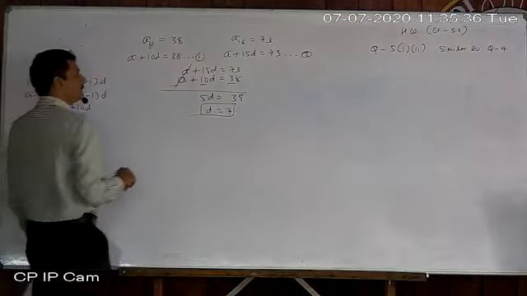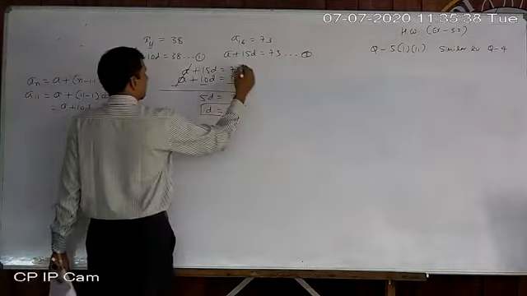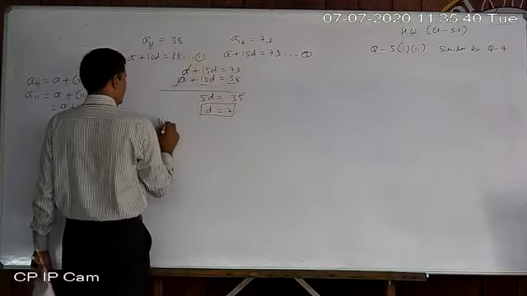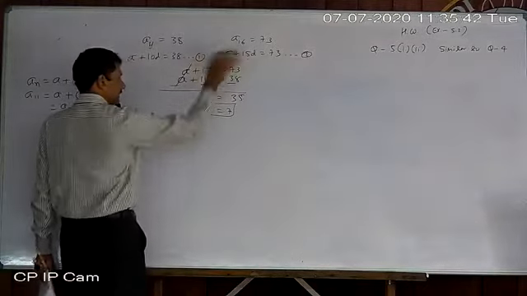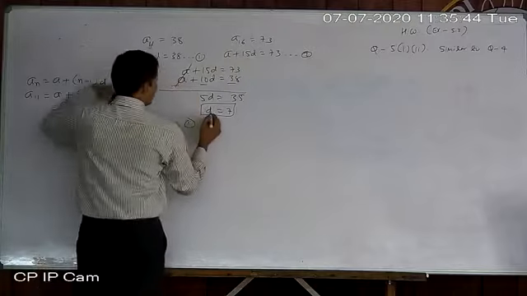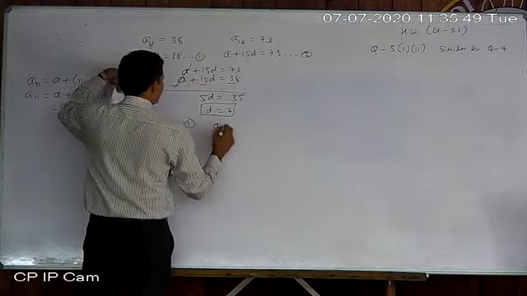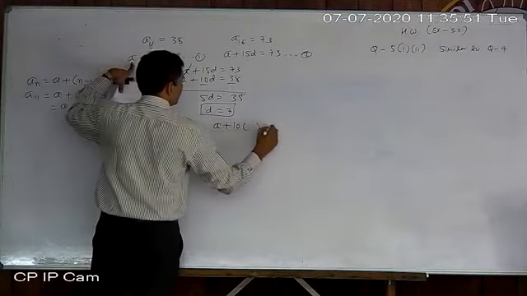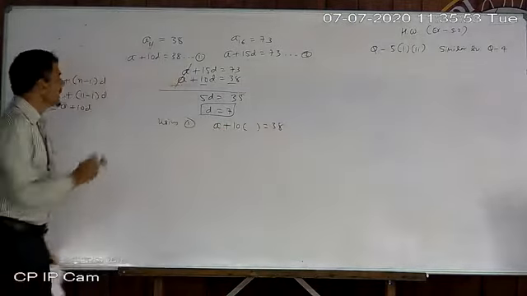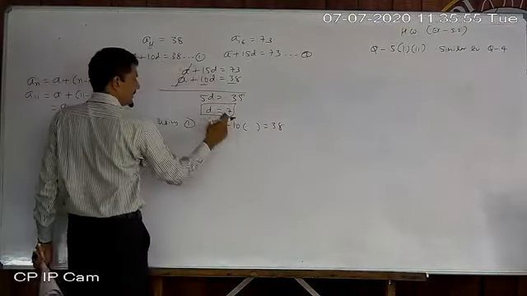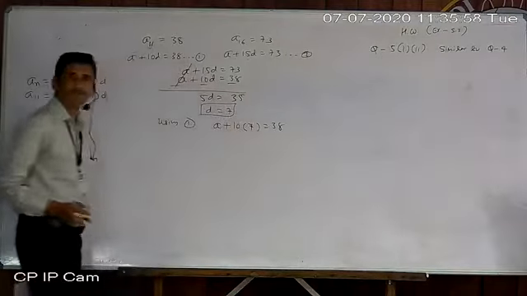Now use any one equation, you can use the second also, any one. Now place the value of d so that you will have a. So a plus 10d equal to 38, but d we know now is 7.